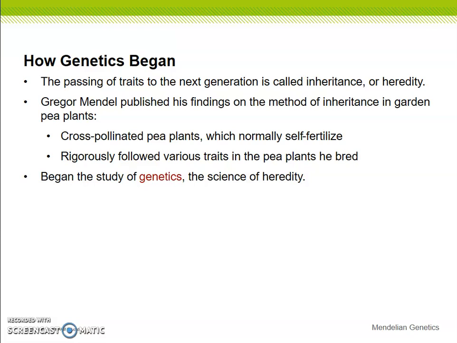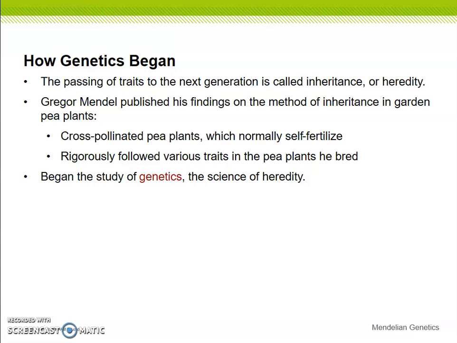How genetics began. The passing of traits to the next generation is called inheritance or heredity. Gregor Mendel was the first person to begin studying this, and he published his findings on the method of inheritance in garden peas. He used garden peas because they have lots of different traits that he could study, and they did not have intermediate traits.